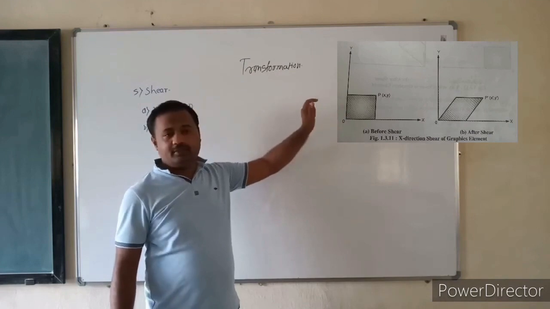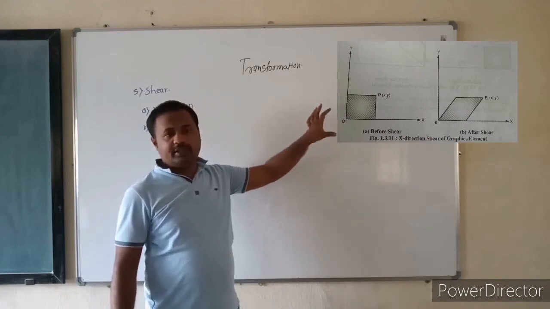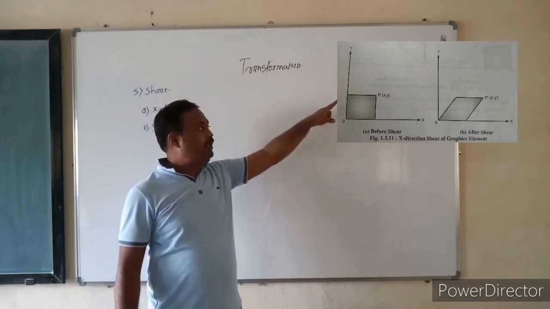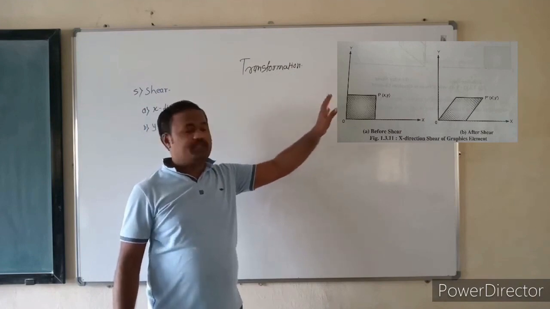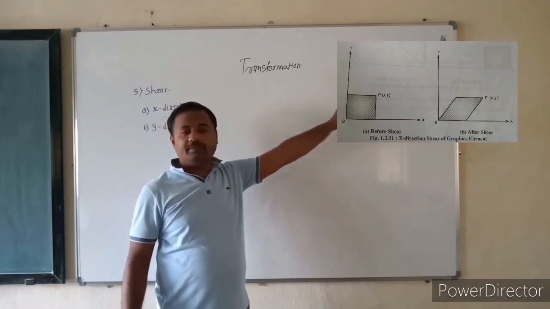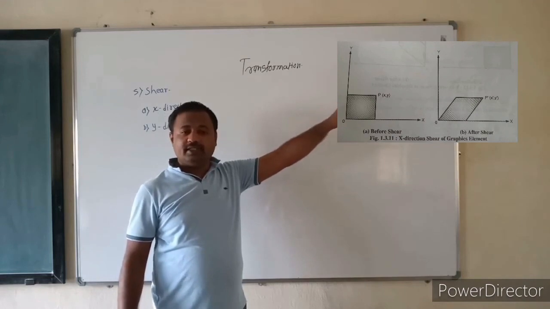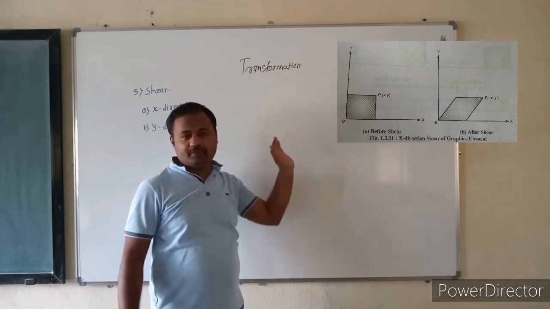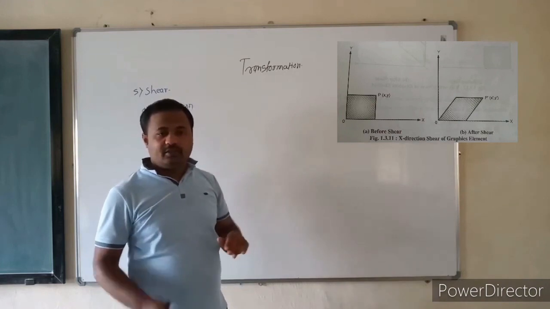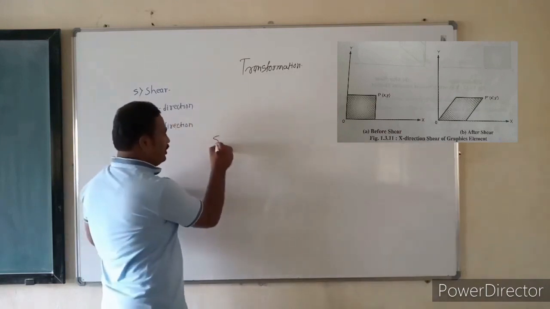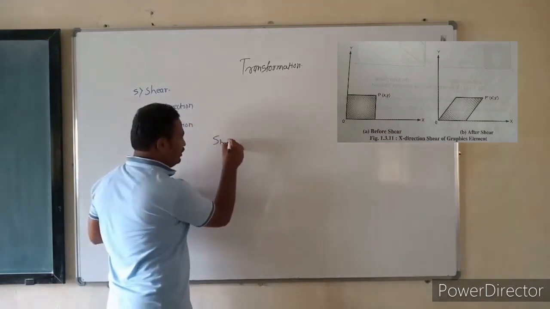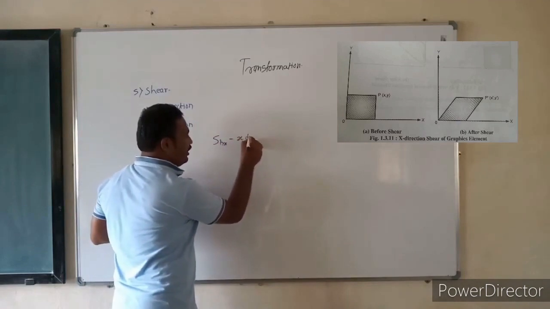The point, it's a rectangular. The point P(x, y) after shear becomes P dash, (x dash, y dash), meaning before shearing and after shearing. Let SHx be the shearing in X direction.